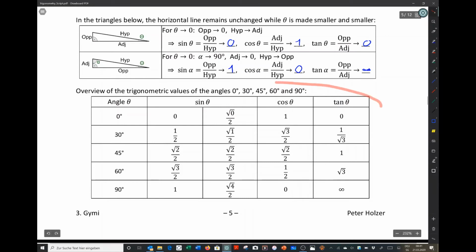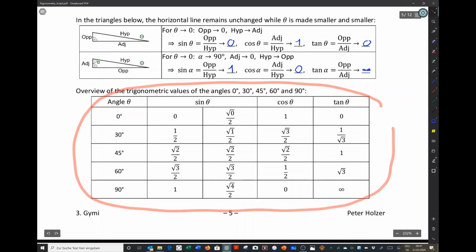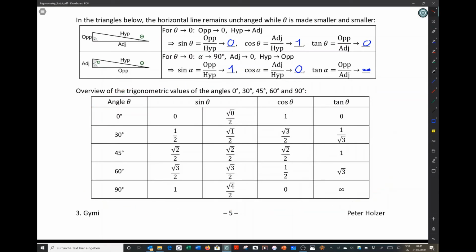This table here provides now an overview of the trigonometric values of these 5 angles. And note here, for the sine of theta, I have rewritten it in a special way, and that's a way how one can remember these values. So we have the angles 0 degrees, 30 degrees, 45 degrees, 60 and 90 degrees. And the sine of 0 degrees is square root of 0 divided by 2.